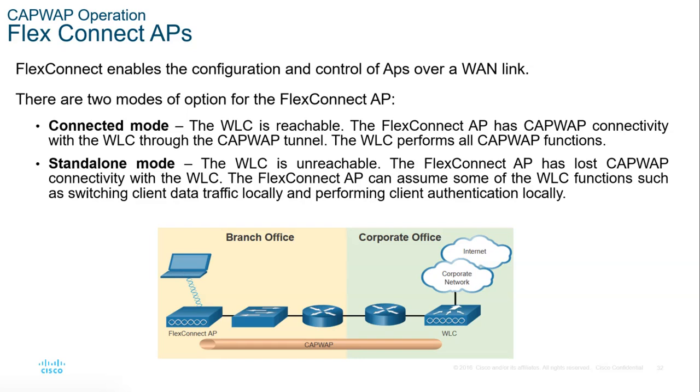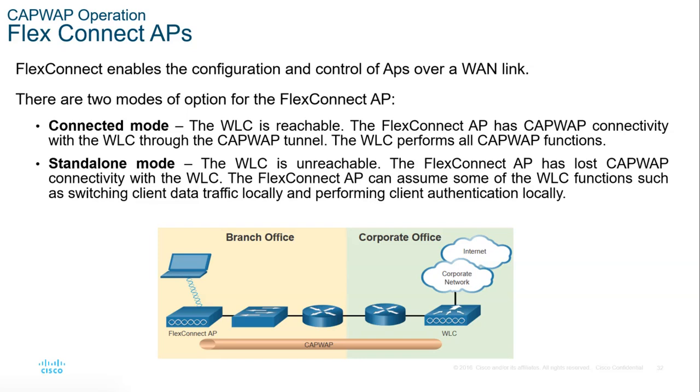So we have what you call FlexConnect AP. It enables the configuration and control of APs over a WAN link. There are two modes. We have connected mode, where the controller is reachable.